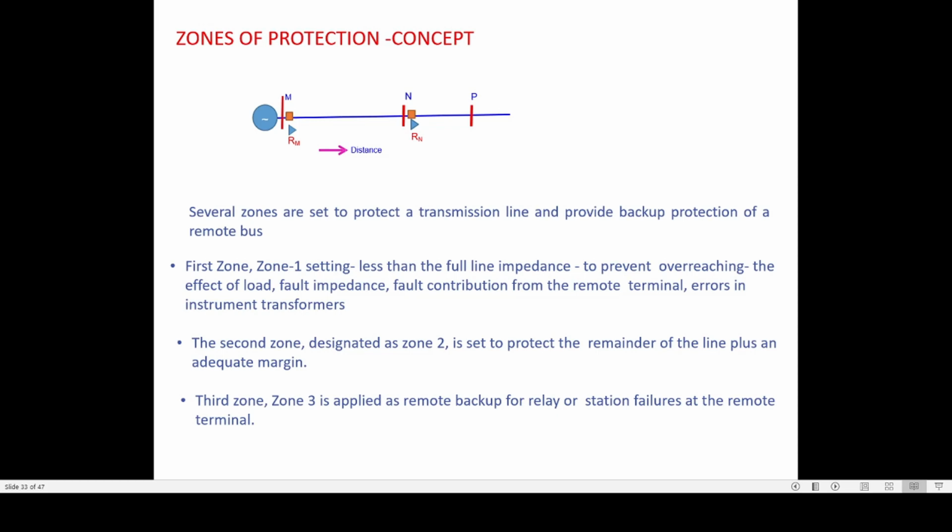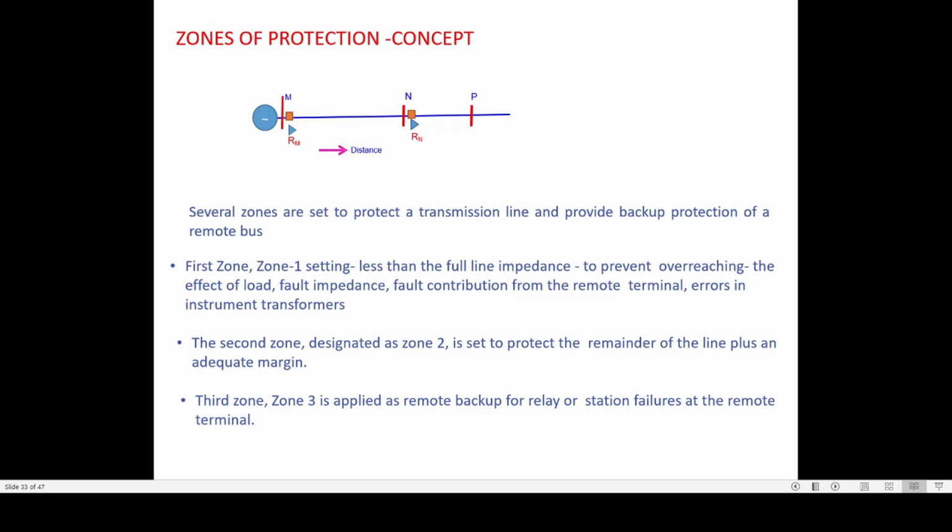Now when we convert the analog signal to digital signals, there are always some chances that the signals measured by the relay in the digital domain are not exactly the same as in the analog domain, because of the error in the ADC converters. And this error basically depends upon the number of bits of the ADC converter. The higher the number of bits, definitely the quantization error will be reduced.